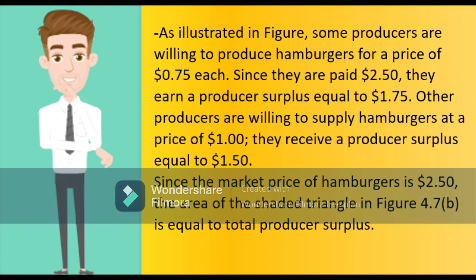Other producers are willing to supply hamburgers at a price of $1. They receive a producer surplus equal to $1.5. Since the market price of hamburger is $2.5, the area of the shaded triangle in figure 4.7b is equal to total producer surplus. That's it for producer surplus.